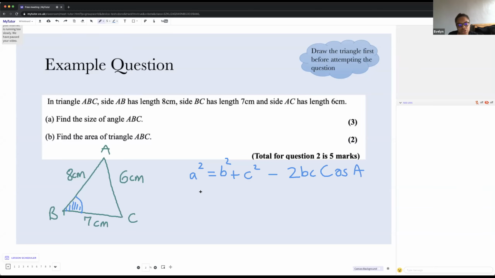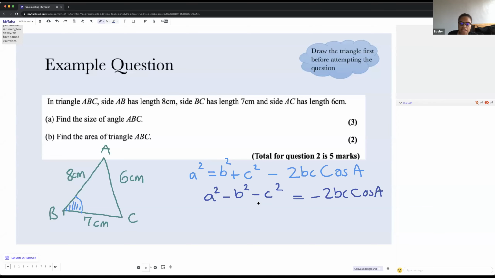I can subtract my B squared and subtract my C squared and put them on the other side. So you've got A squared minus B squared minus C squared equals minus 2BC cos A.